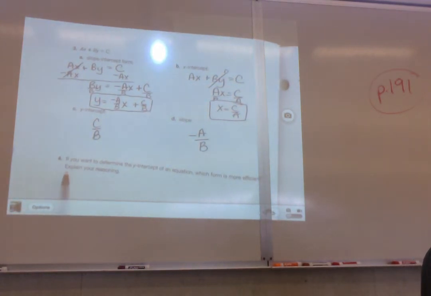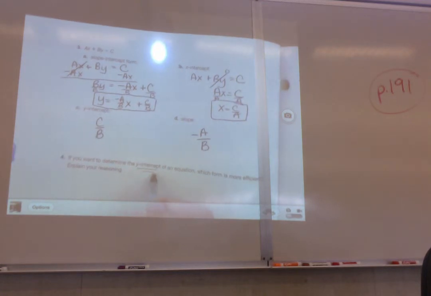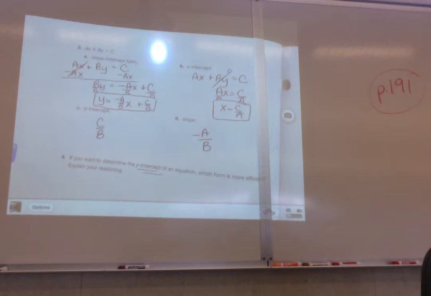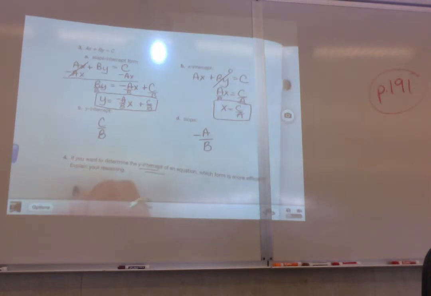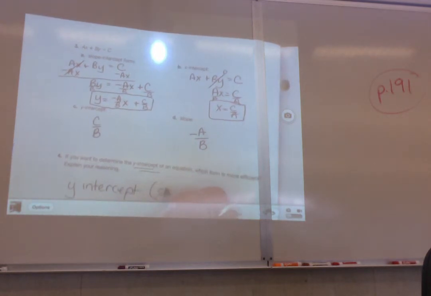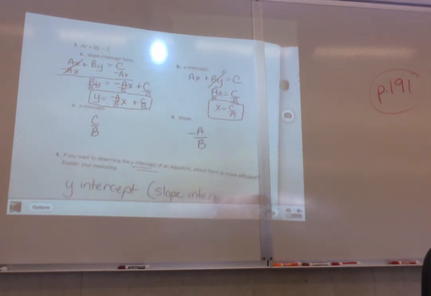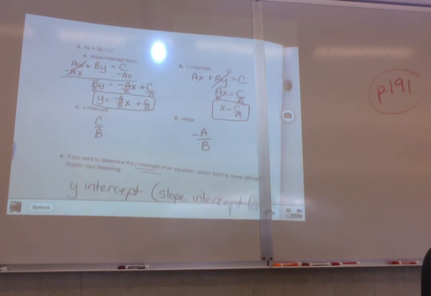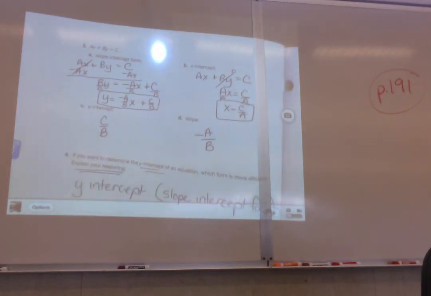Okay, if you want to determine the y-intercept, which form is more efficient? The y-intercept, or another name for it is slope-intercept form. Why is that more efficient?